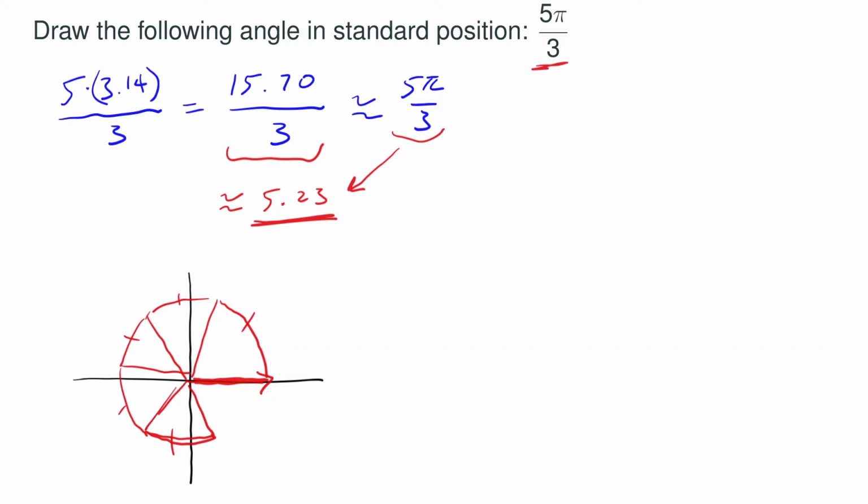So this is 5. So for this 5 pi over 3, we have to go a little more. We have to go about 0.23 more, so a little bigger than 5 radian. So the angle starts from here and ends right here. So this angle is about 5 pi over 3.